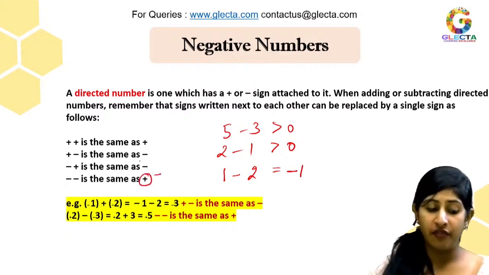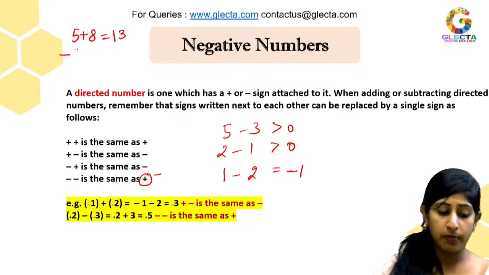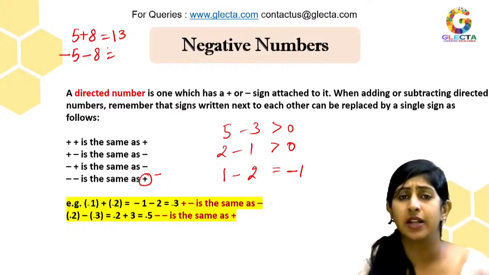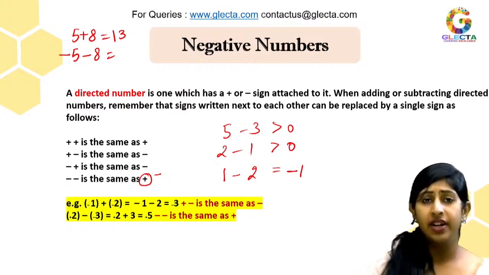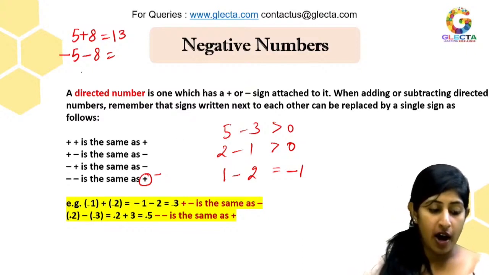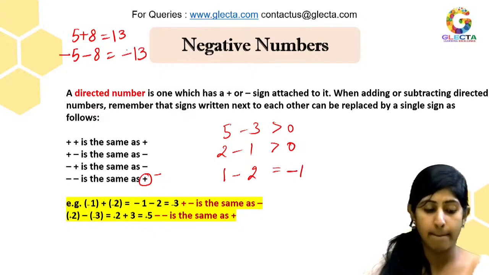For example, if I ask you to add 5 and 8, your answer is going to be 13, alright? But what if I'm asking you minus 5 minus 8? Now the rule says that you have to add them. Negative and negative are added when they have the same sign. So 5 and 8 will be added as 13 only. But since you have a negative sign, you're going to write minus 13.